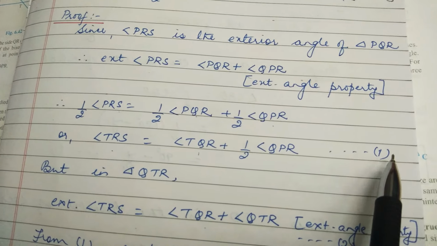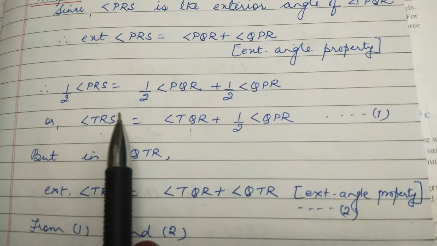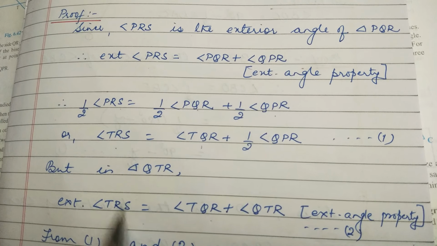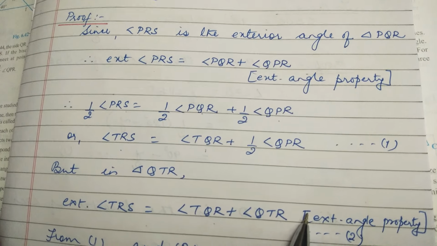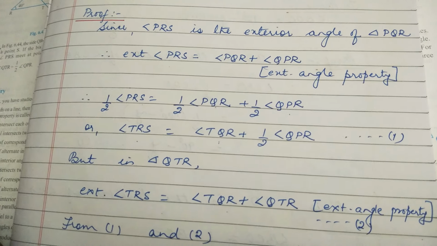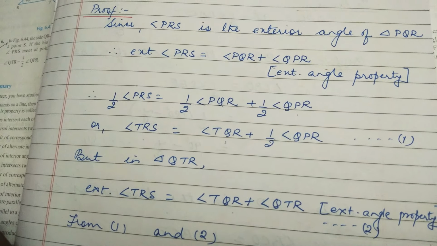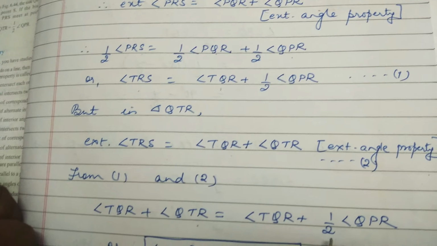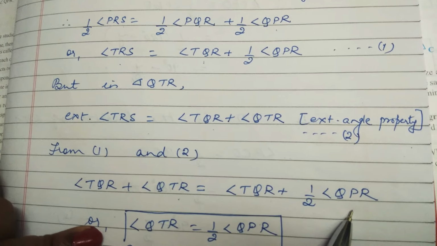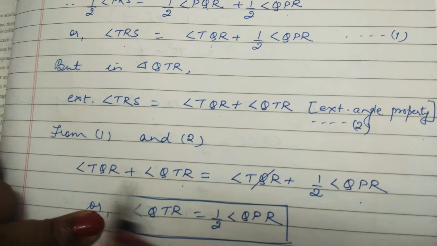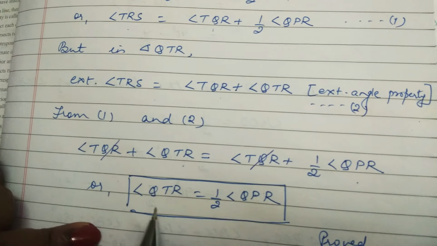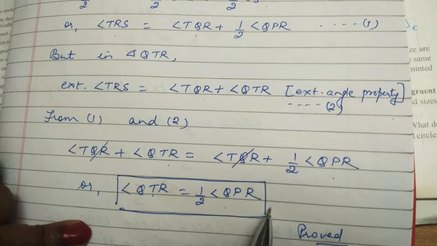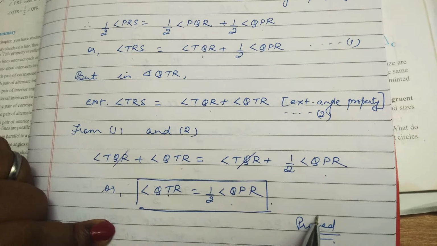Now from 1 and 2, the left hand sides are equal, so we will equate the right hand sides also. Angle TQR plus angle QTR equals angle TQR plus half angle QPR. Now TQR gets cancelled, so angle QTR equals half angle QPR. Hence proved.